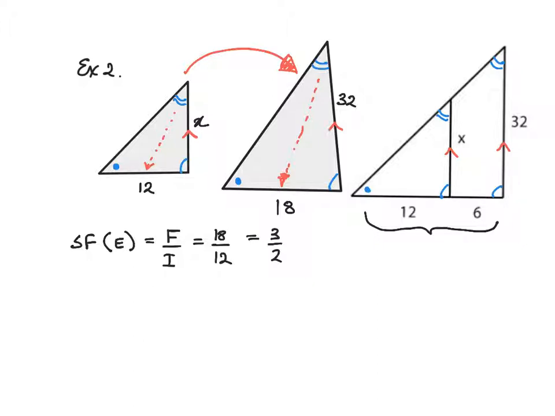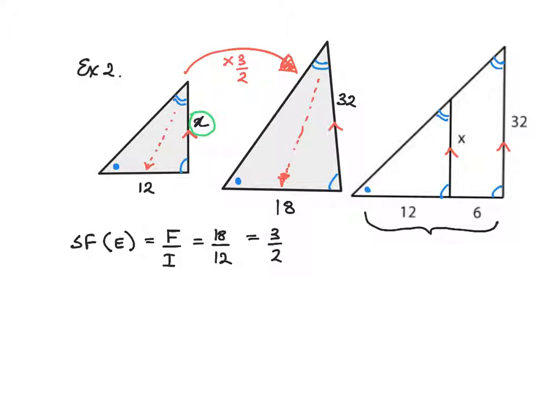What does that mean? It means that the smaller triangle is multiplied by 3 over 2 to get the larger triangle, or the larger triangle is 1.5 times the size of the smaller triangle. Now, I'm going to use that information to work out x.